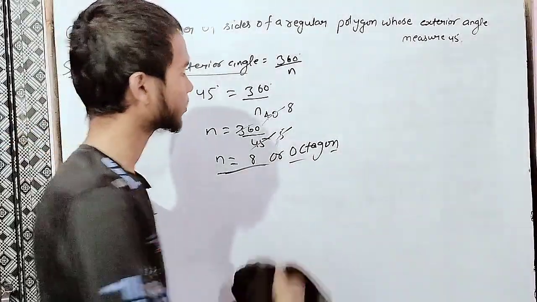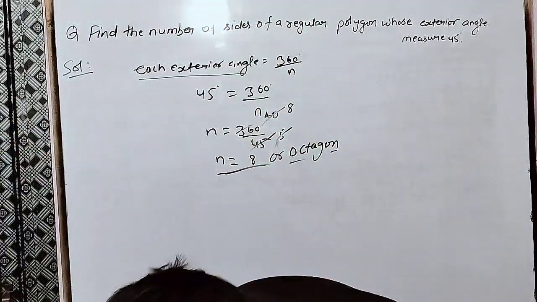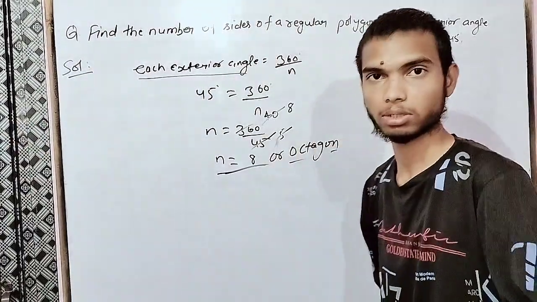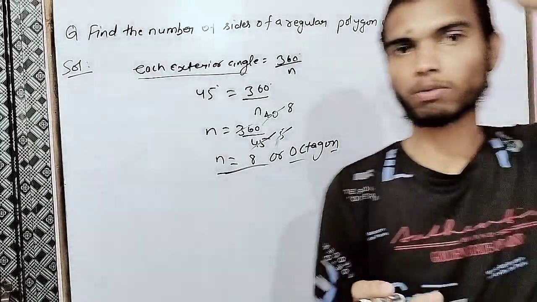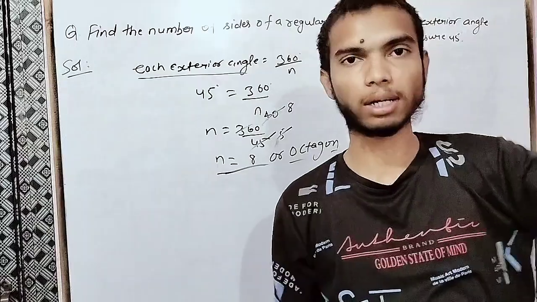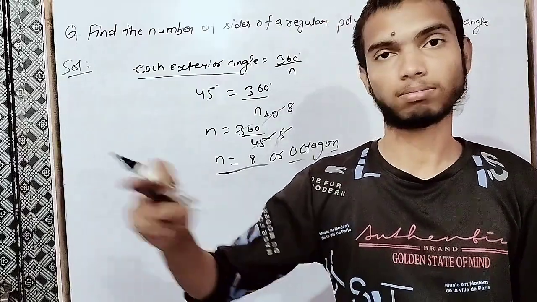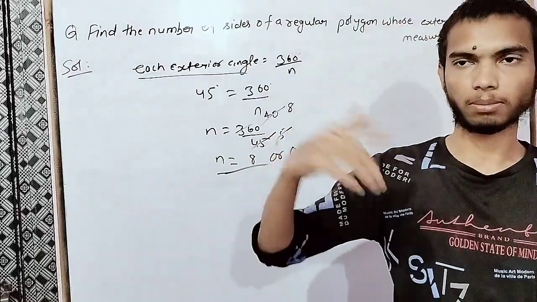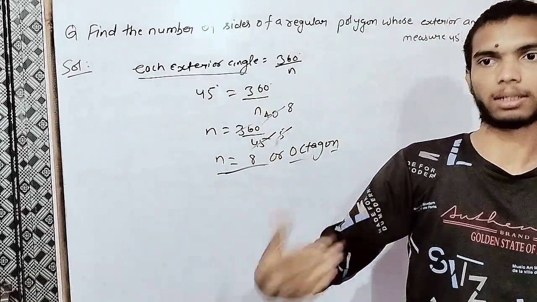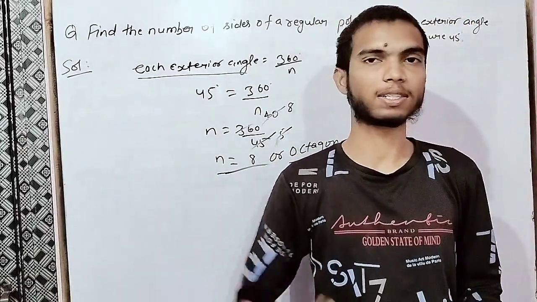Next question. Before the next question, I would like to share something. The total value of interior angles of a quadrilateral is 360. Even if we apply the formula n minus 2 times 180, we still get 360.